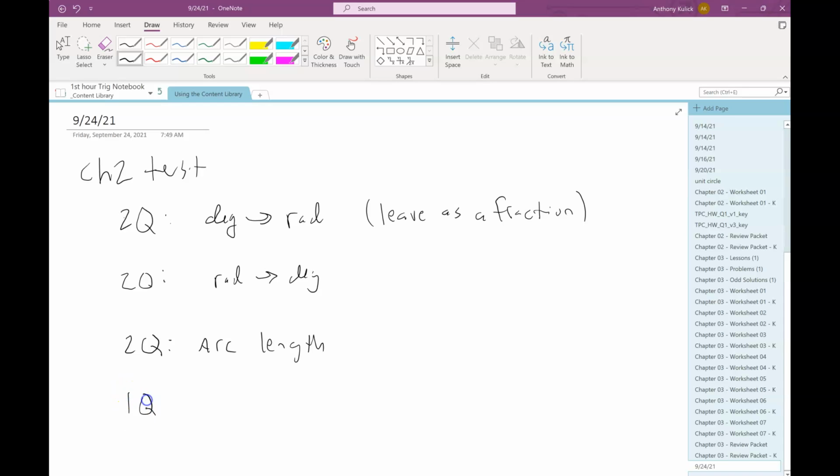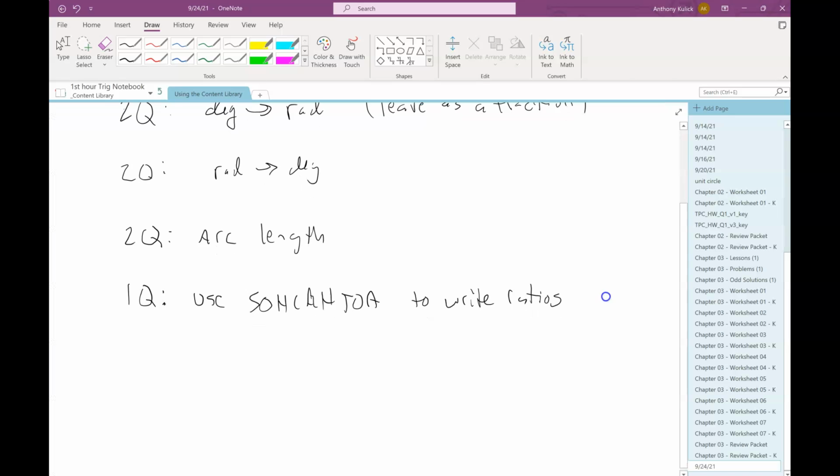We'll have 1 question where I ask you to use our SOHCAHTOA definition for sine, cosine, and tangent to write the ratios. So like you'd get a right triangle and you'd say, okay, sine of angle A is like 7/12 or whatever, right?